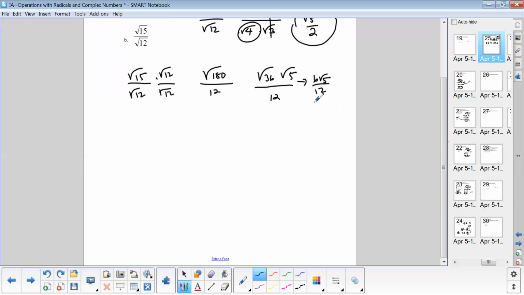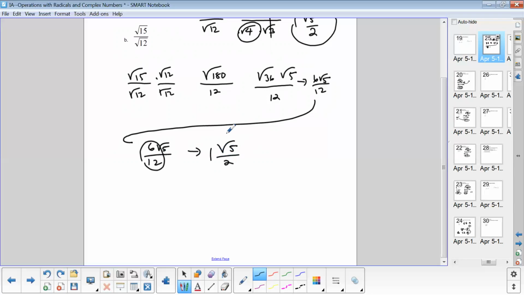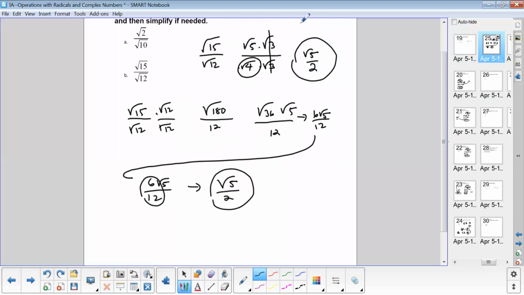Well, what happens to 6/12? It simplifies to 1/2. So I get square root of 5 divided by 2, which is what I found up here when I broke square root of 15 down into 2 factors and square root of 12 down into 2 factors. You get the same thing. This one is just your textbook rationalize the denominators.